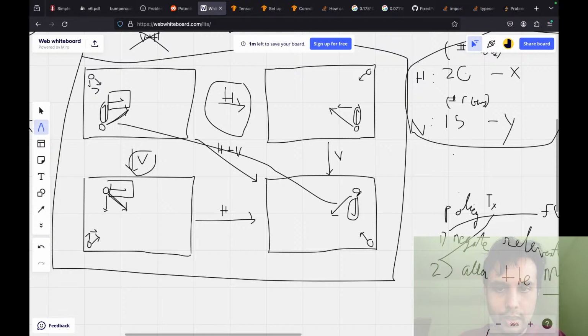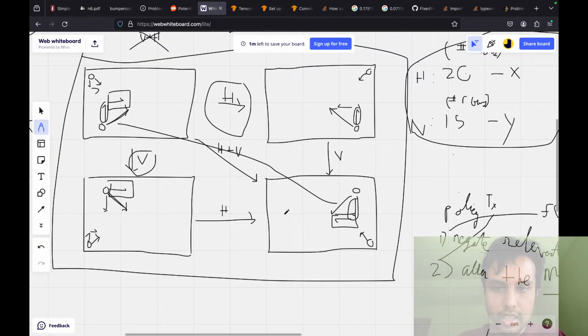So we have to negate the y, which is the oval, the ellipse, whatever. The squares are for x's and ovals are for y's, or rectangles are for x's. So this x also gets negated, right? So basically we have to negate both.